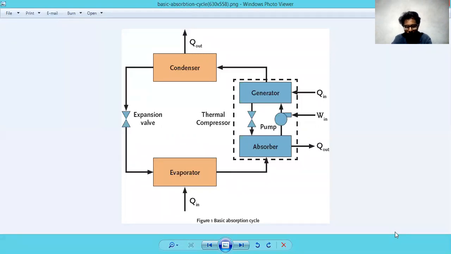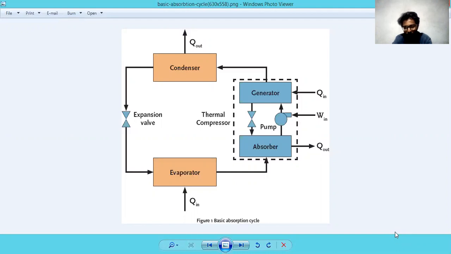In the absorber, the heat is going to be reduced, and the ammonia which was at a higher heated stage gets absorbed inside the water, and that water is going to be pumped into the generator, where heat is supplied to that water.